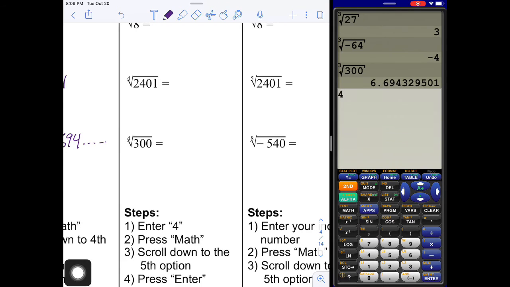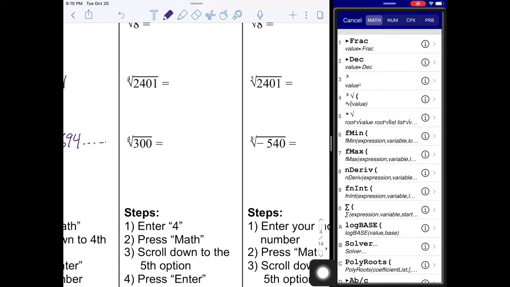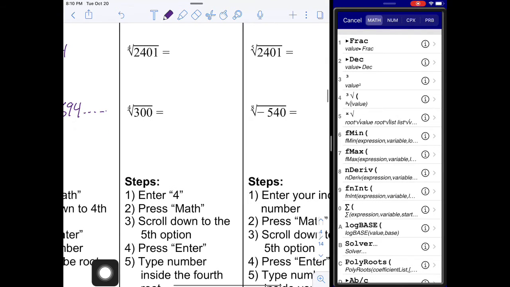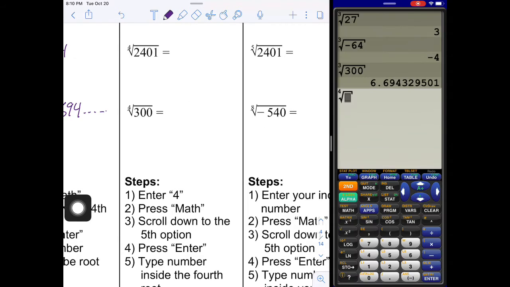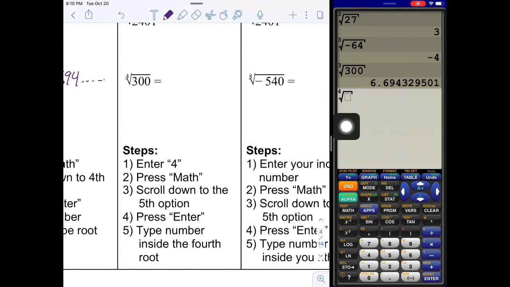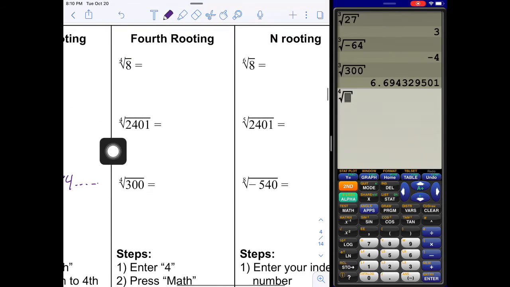Then you're going to press math again, and now you're going to scroll down to the 5th option, because the 5th option should say a little x and then a radical symbol. That's because your x value is becoming the number beside it. So here my 4 has now popped up into my index, and you're going to press enter on that. And now you're going to type the number inside your root. So in this case, it would be 8.